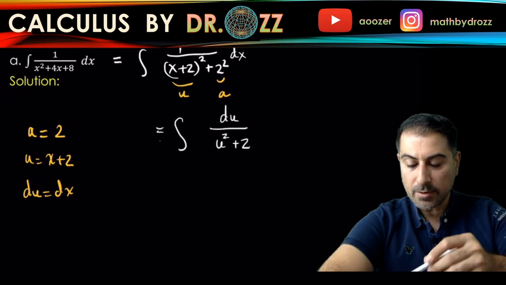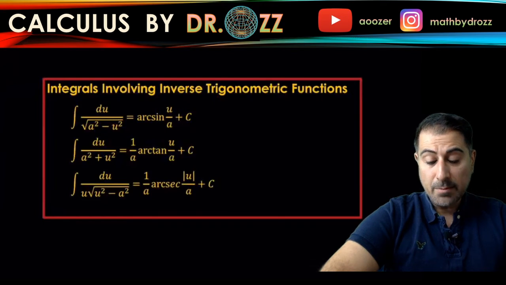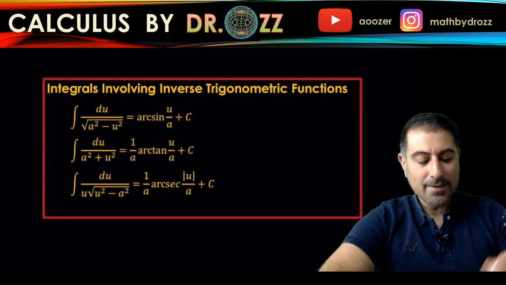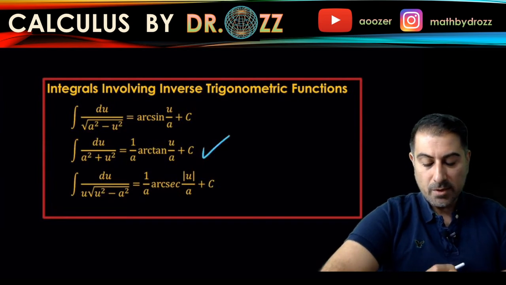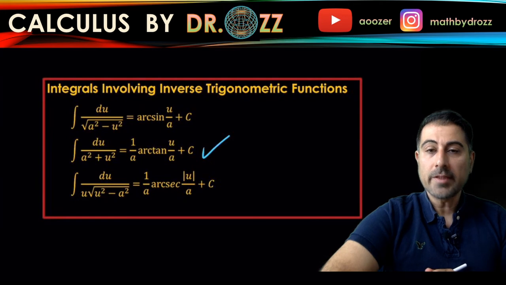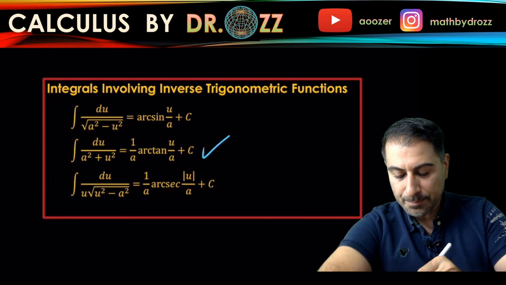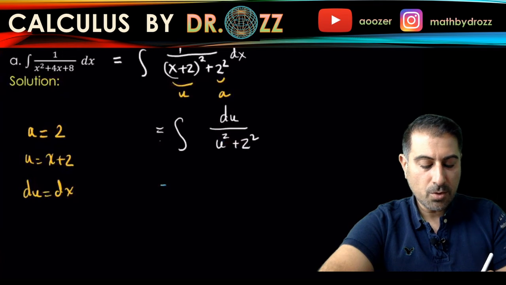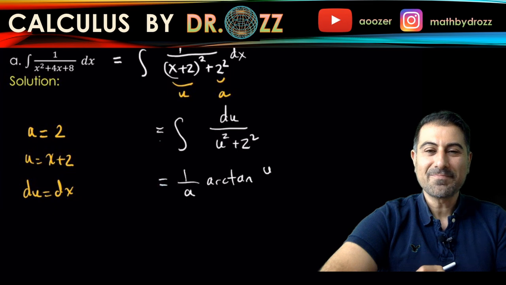Now let's check out what this integral looks like. If you go back to the table of integrals involving inverse trig functions, this looks like the second formula, the arctan u over a type formula. So the integral of du over the sum of squares, a squared plus u squared, is equal to 1 over a arctan u over a plus c.